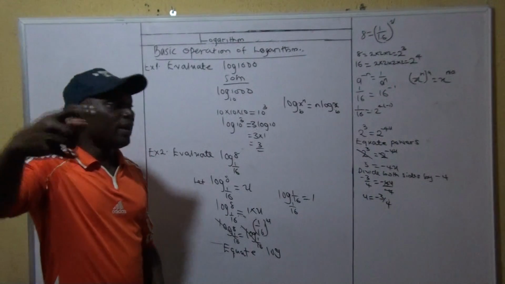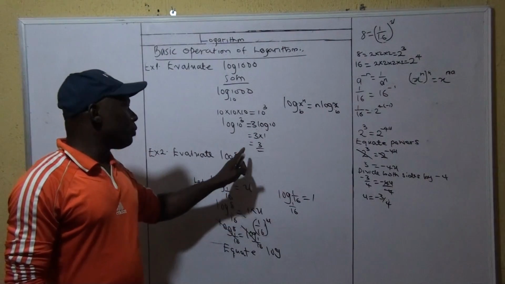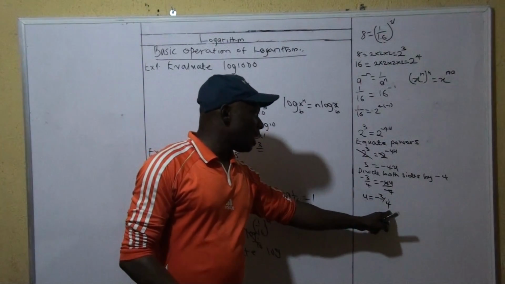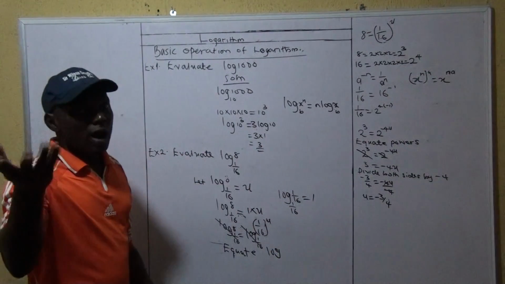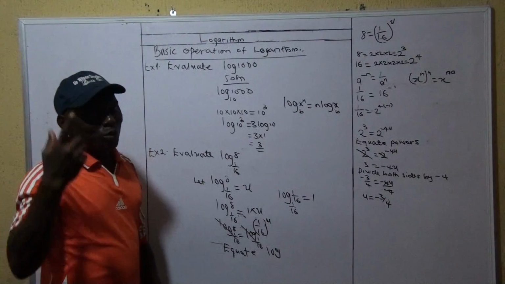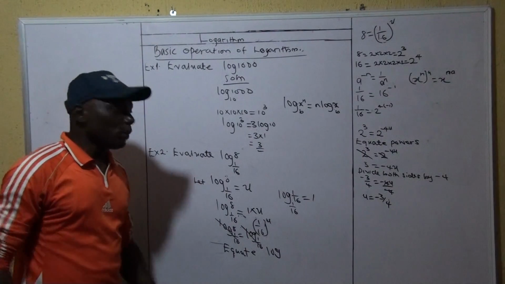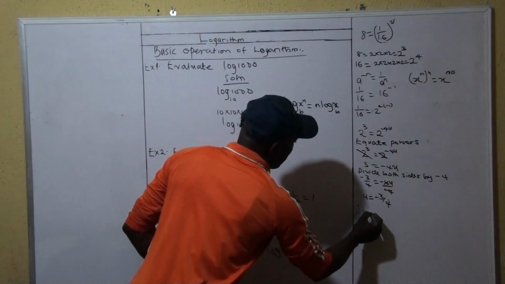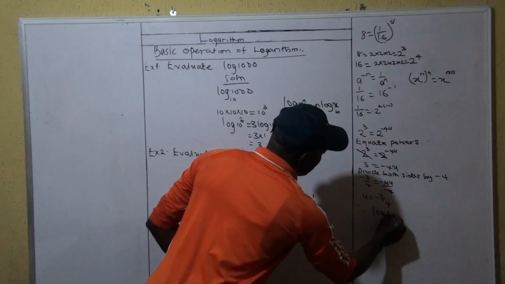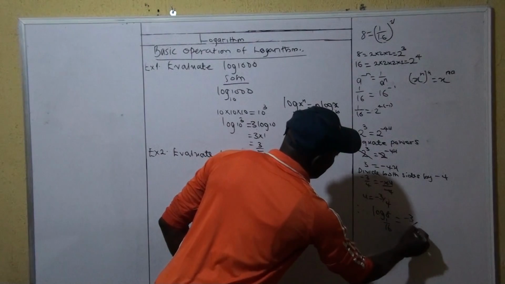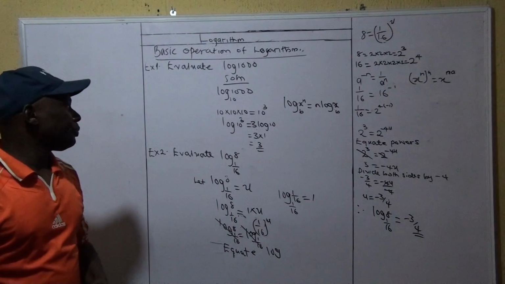So the number of times that we will raise this base, which is 1 over 16, before we can obtain 8 is minus 3 over 4, which is the same thing as minus 0.75 times. So we can say therefore log of 8 to base 1 over 16 is equal to minus 3 over 4. This is how we do it here.